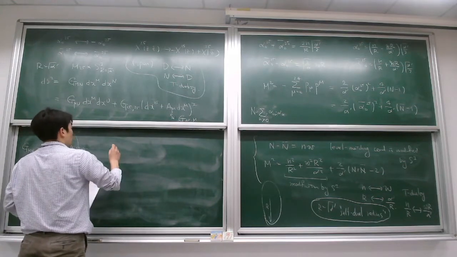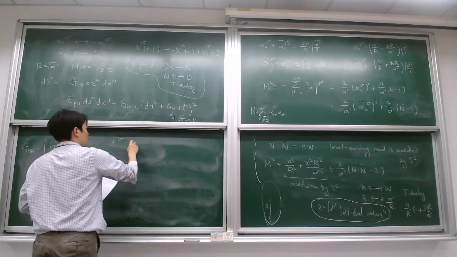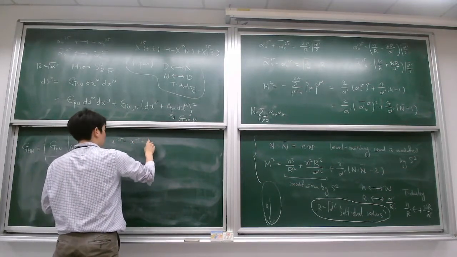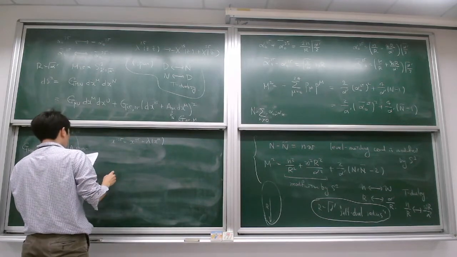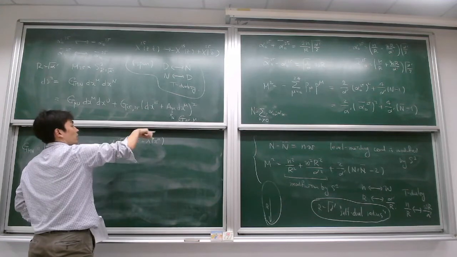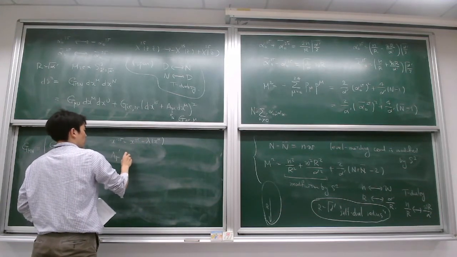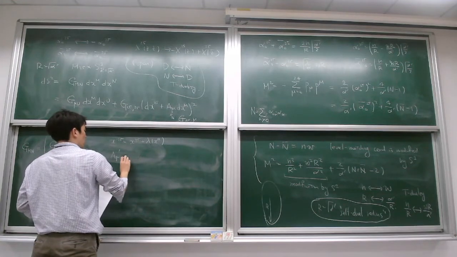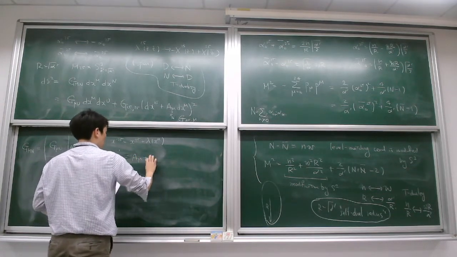So under the coordinate transformation, the 25 direction in G mu nu. If you do this change of coordinates this way, as you can easily see, mu is transformed as mu plus partial mu lambda.